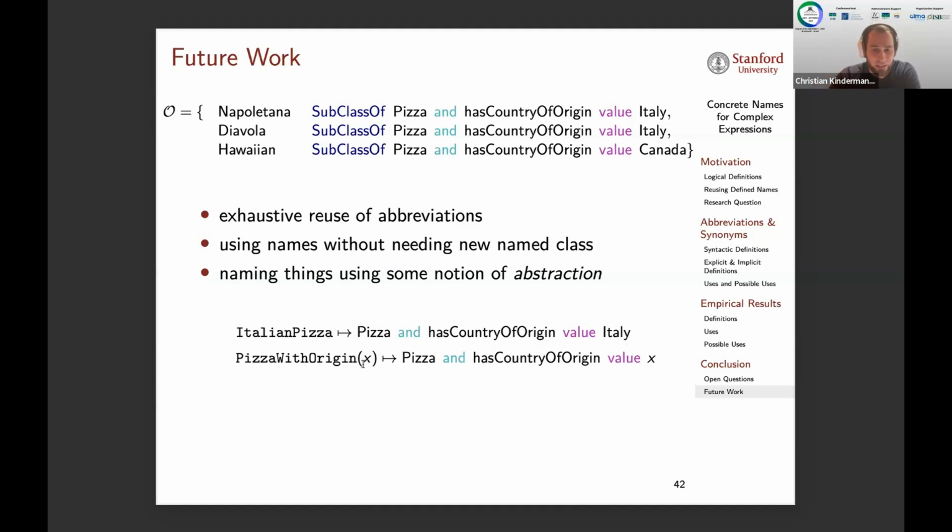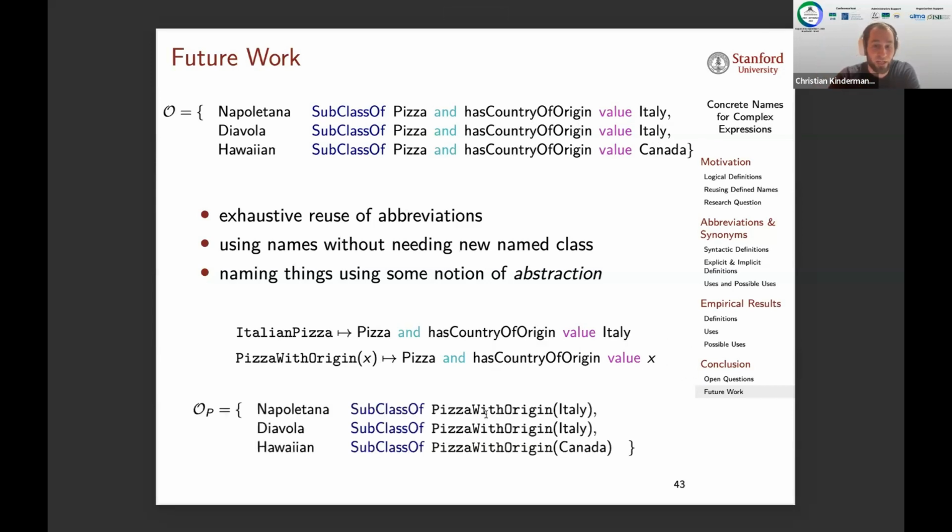And I've done that here with the introduction of a variable, right? So now I could say this is a macro with an argument, so that's a parameter that I can instantiate. And in this case, I could just rewrite my original ontology with this parameterized macro. And this just gives you a way of essentially rewriting your ontology in a more intention-revealing manner.